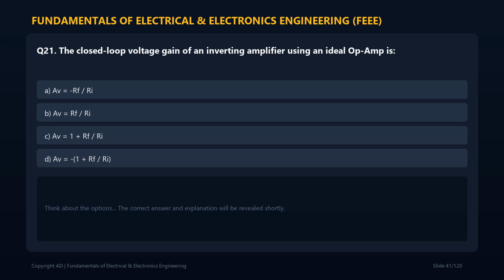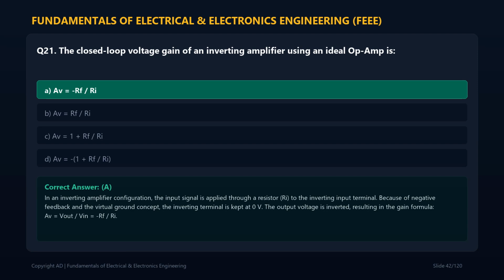Question 21. The closed-loop voltage gain of an inverting amplifier using an ideal op-amp is option A, AV equals minus RF over RI, option B, AV equals RF over RI, option C, AV equals 1 plus RF over RI, option D, AV equals minus 1 plus RF over RI.